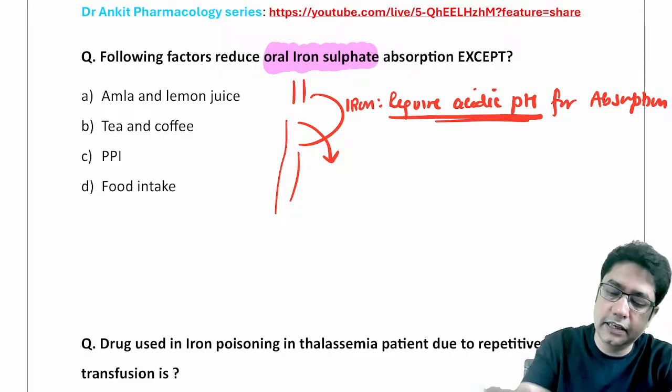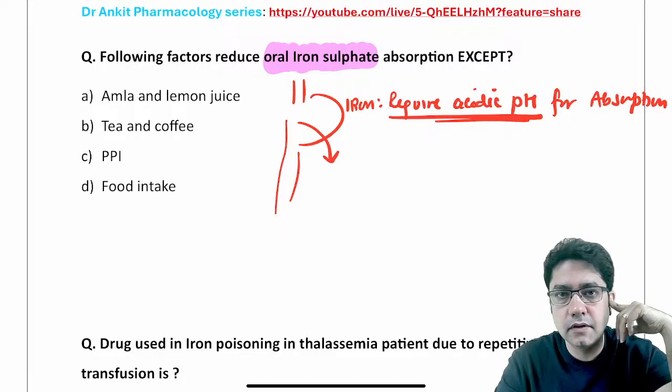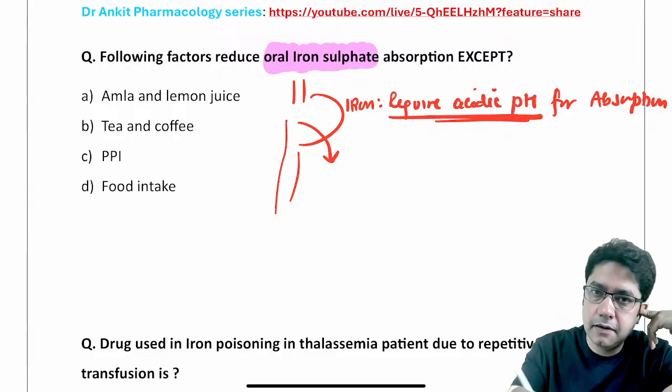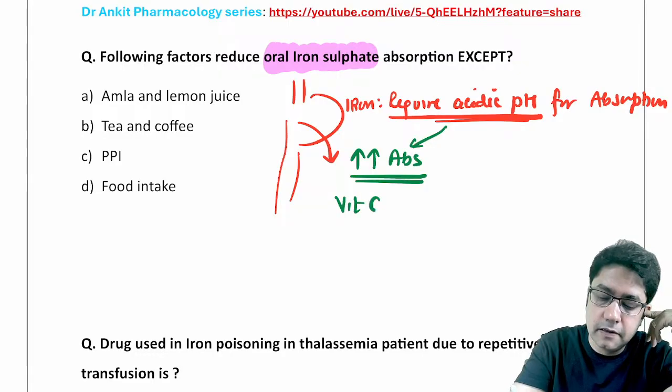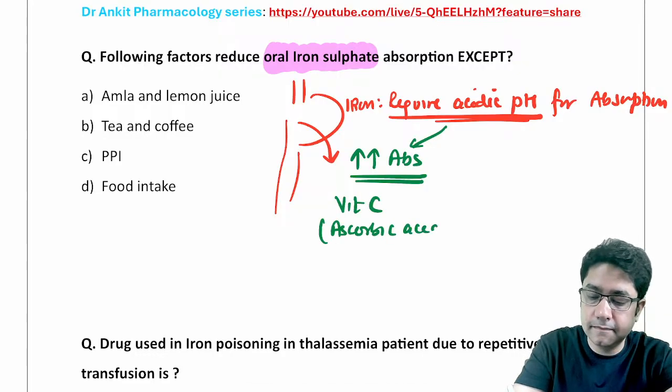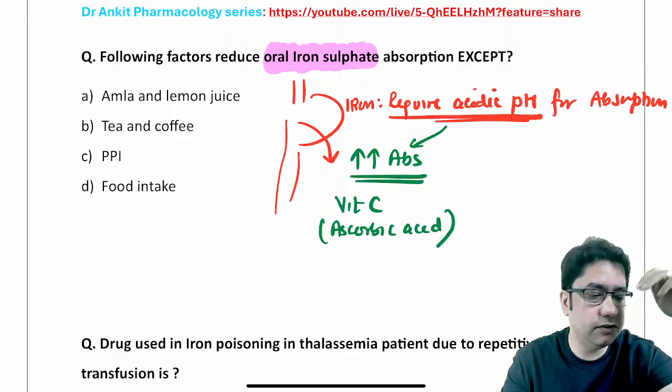Can you remember this statement? So tell me, can you tell me the factors that will increase iron absorption? It is vitamin C, because vitamin C is ascorbic acid. That is why we give iron along with vitamin C tablets.